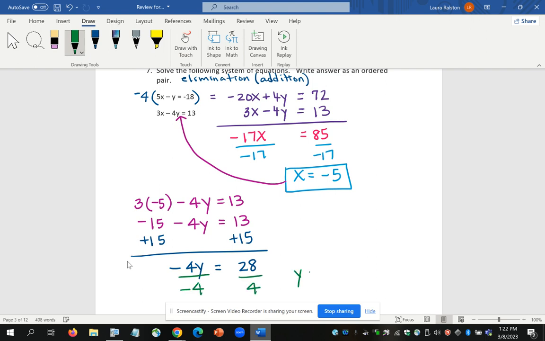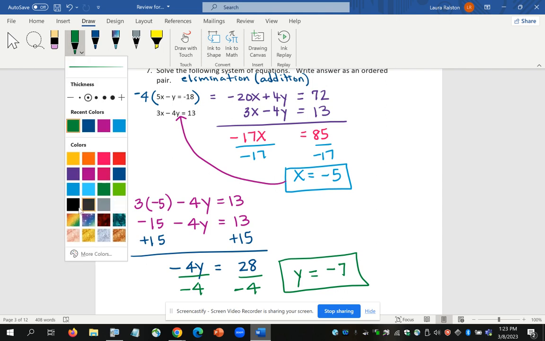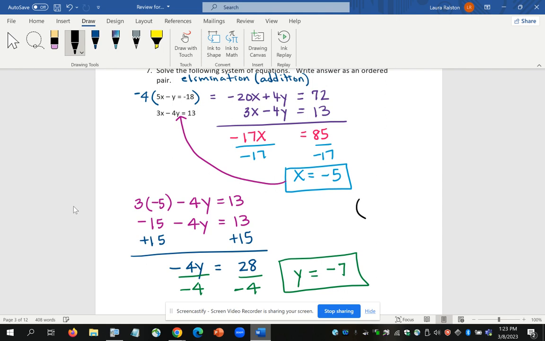So y equals negative 7. So the solution to my system, or the ordered pair that makes both equations true at the same time, would be negative 5, negative 7, written as an ordered pair in the order x, comma, y.